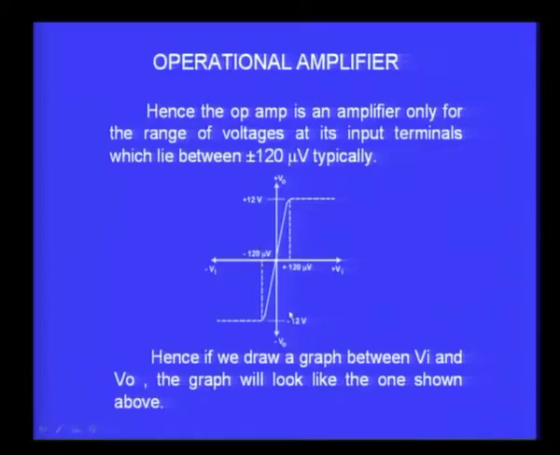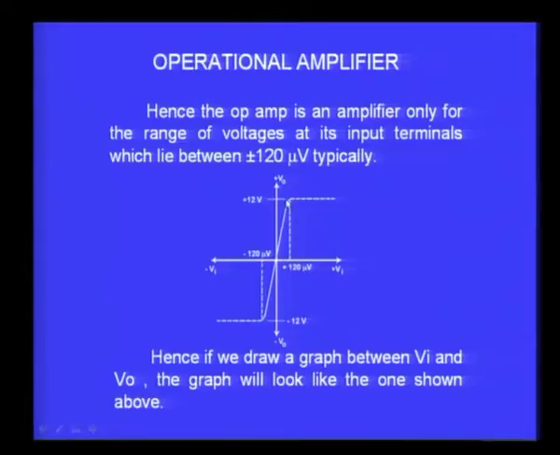So, we are using the operational amplifier in all the applications that we are going to discuss as an amplifier confined to this small range where the difference between the two input terminals of the op amp is plus or minus 120 microvolt.